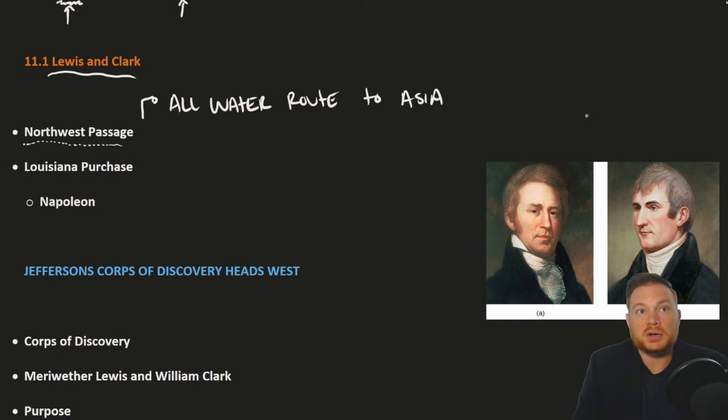Essentially, was there a river that cut across North America? Many countries had hoped to look for that, including the French, the Americans, etc. Lewis and Clark also would be interested in finding if there was an all-water route to Asia, to the Pacific Ocean.